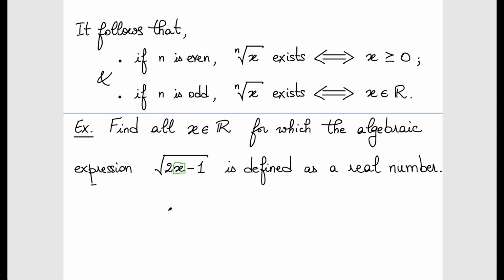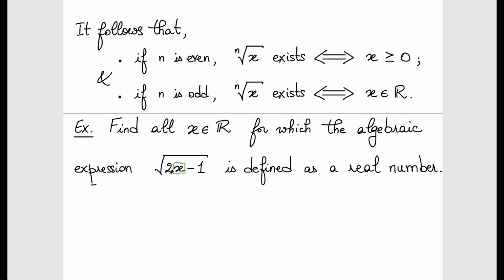Alright. How about if I plug in -2? Well, if I plug in -2, this becomes 2 times -2, so -4, minus 1, it becomes -5, so it becomes square root of -5. Also doesn't make sense. How about you plug in 1?